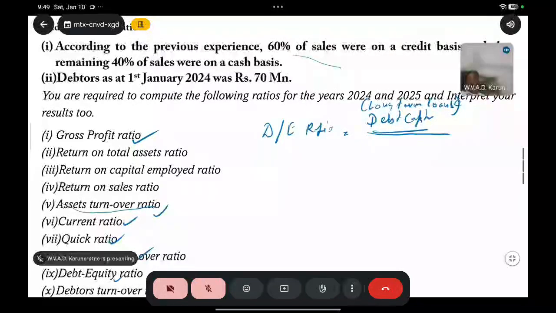Then over equity capital. Equity capital means ordinary share capital plus reserves.